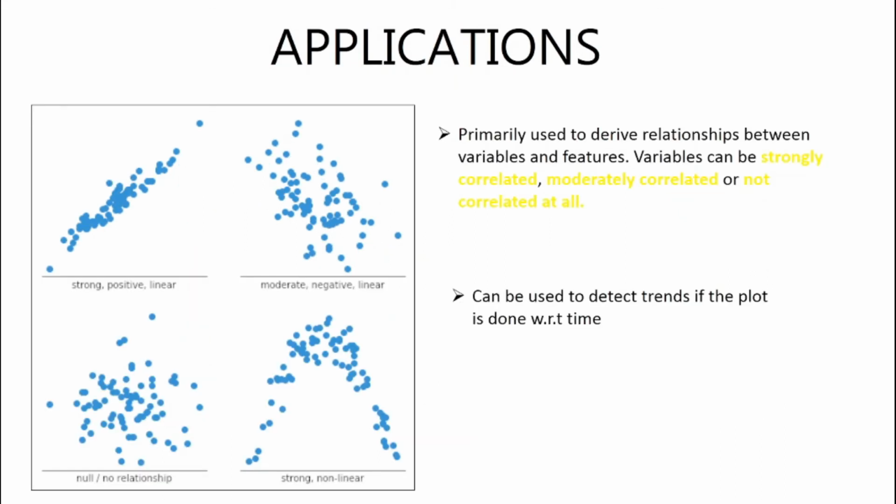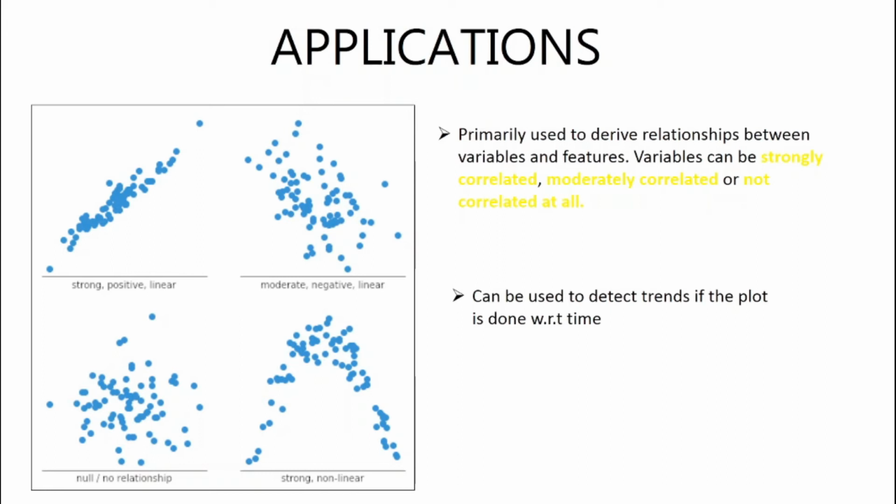The primary use of the scatter plot is to derive relationships between the variables and the features. As we have seen before, variables can either be strongly correlated, moderately correlated, or not correlated at all. The left side is a diagram which shows 4 different scatter plots. One is strong positive linear, another is moderate negative linear, then there's null or no relationship, and there's strong non-linear as well.